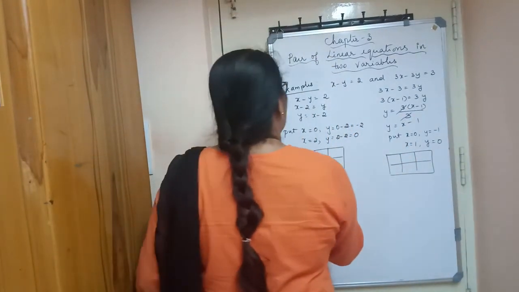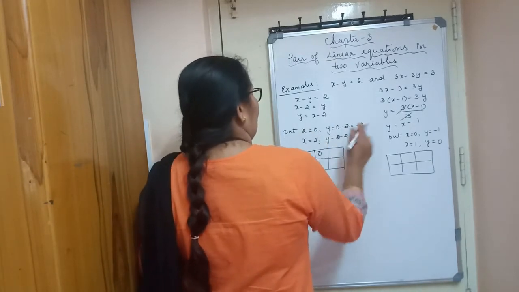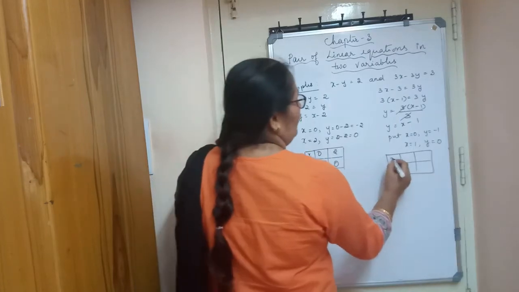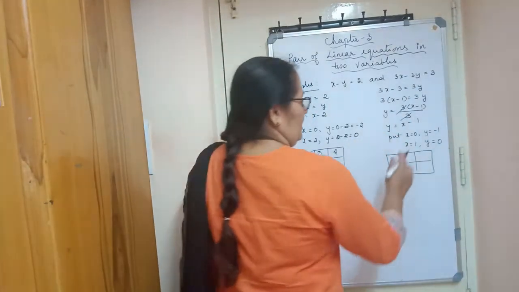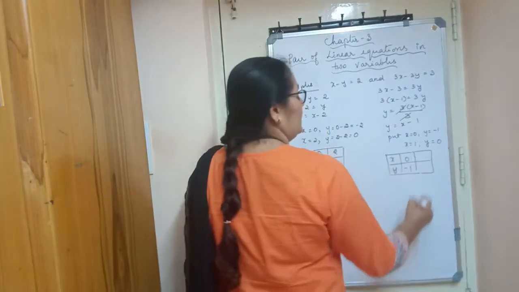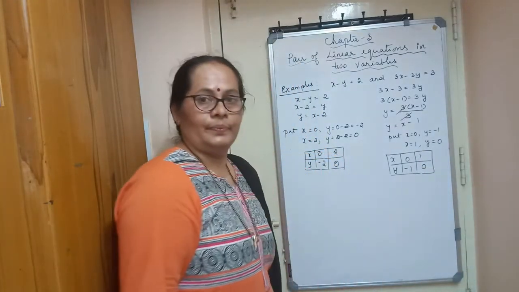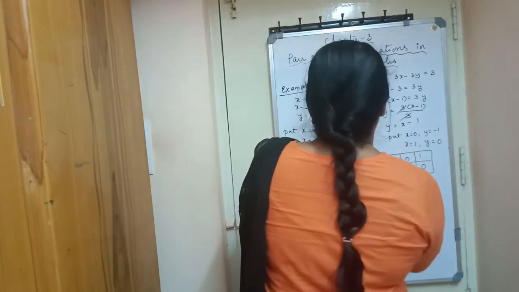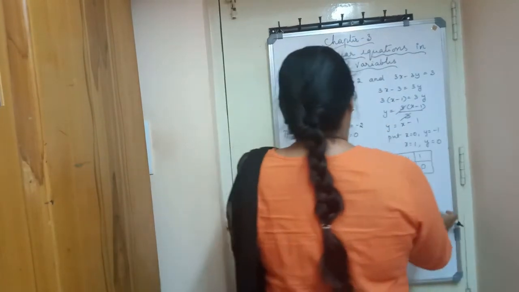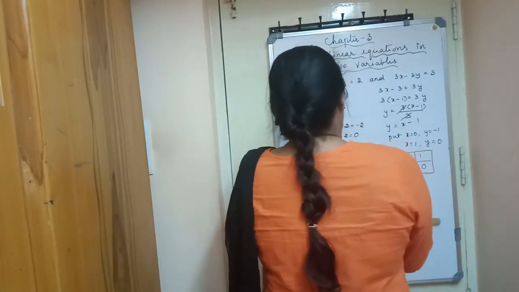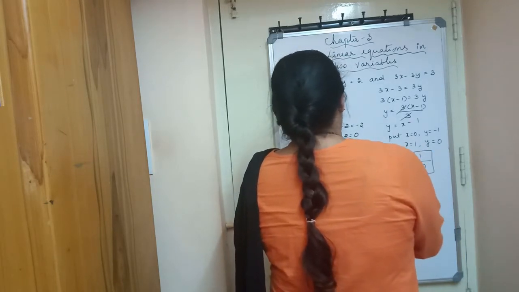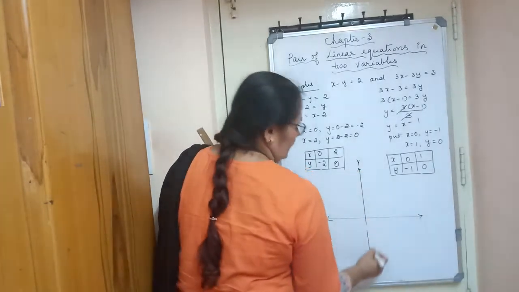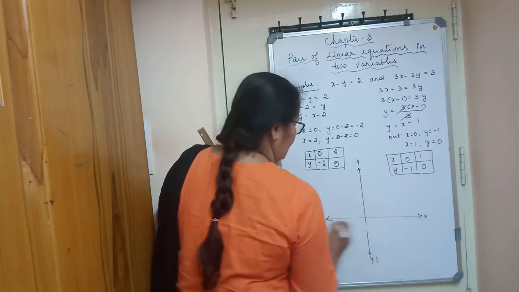When x is 0, y is minus 2, and when x is 2, y is 0. Here in this equation, x is 0, y is minus 1, and x is 1, y is 0. Now plot these points on a graph. So this is the y-axis and this one is the x-axis.